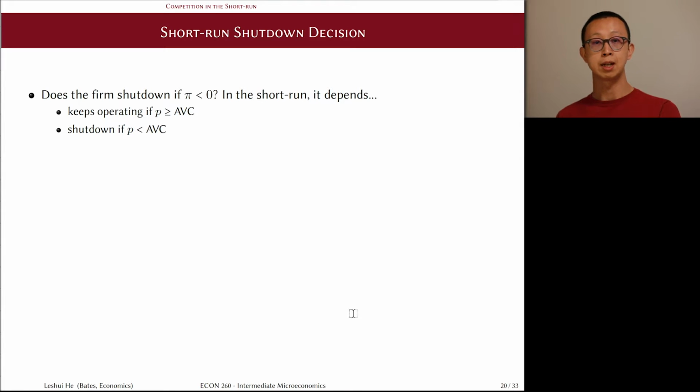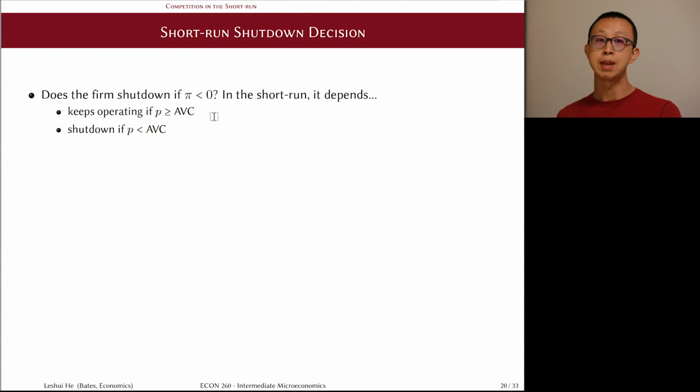The firm is actually better off to keep operating if the price is above the average variable cost, because in this case, the revenue from production covers the variable cost and some more. So it would help cover some fixed cost and reduce the loss.